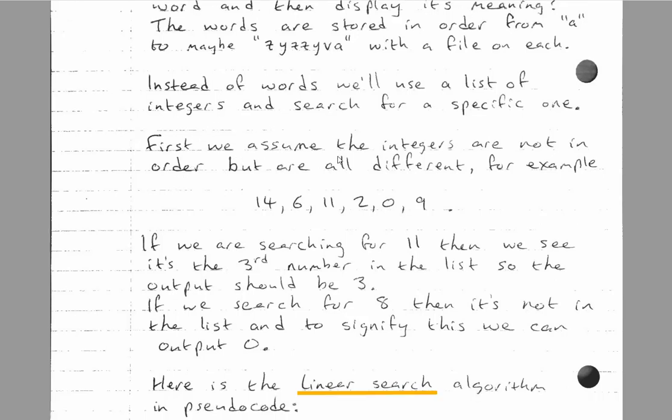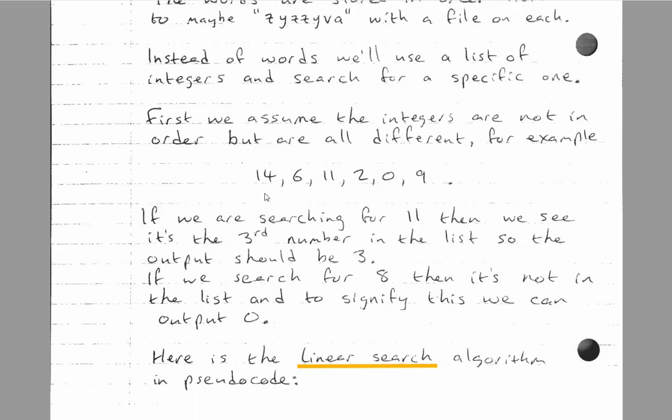In our first case, let's assume our integers are not in order, but they're all different. For example, we could have a list like this, 6 different integers. If we're searching for the number 11, then we see, just by looking, 11 is the third number in the list.